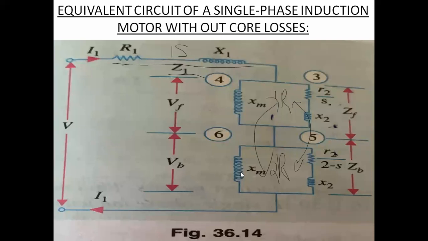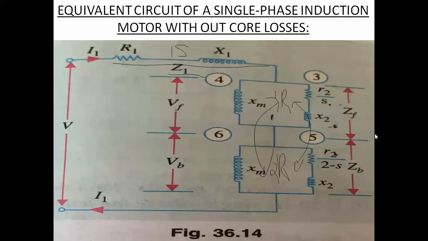Each rotor is assigned half the magnetization reactance, that means XM is half the actual reactance. I am making this one forward running and this one backward running, because both are in reverse directions.